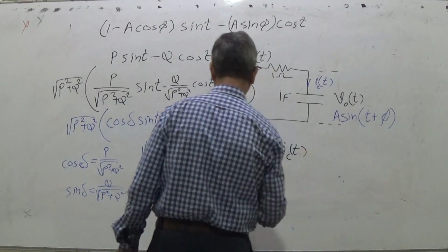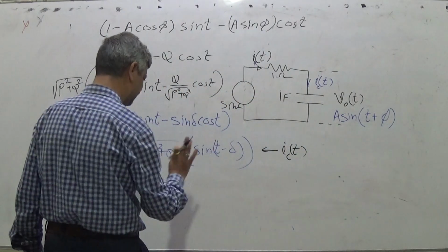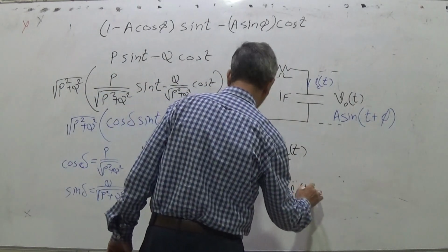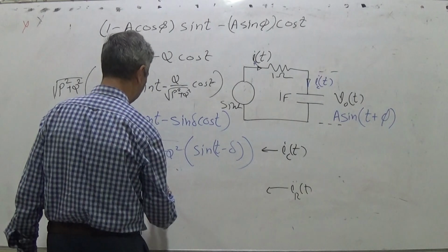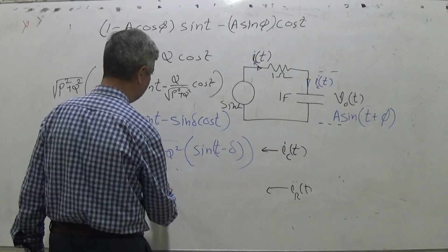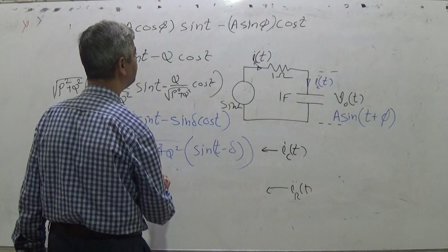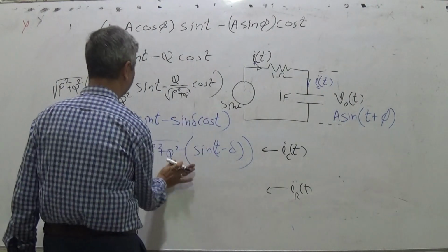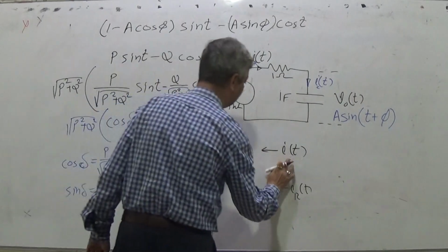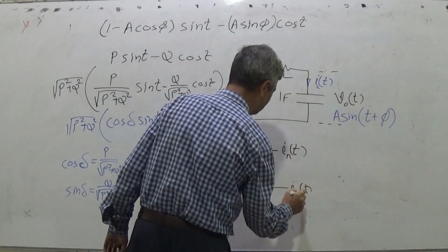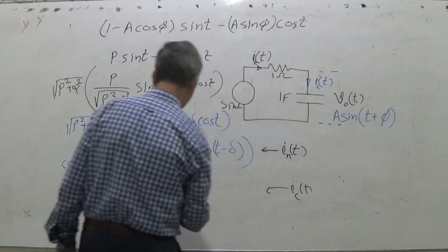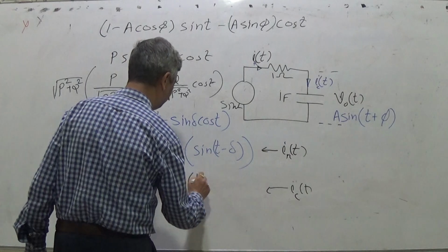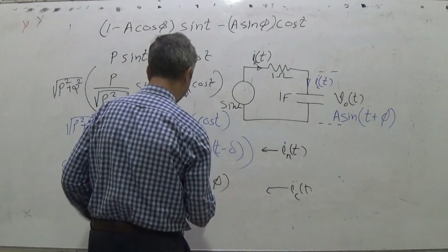The p, q, delta you have to replace. And what is IRT? IRT and ICT we have already found as a cosine of t plus phi.